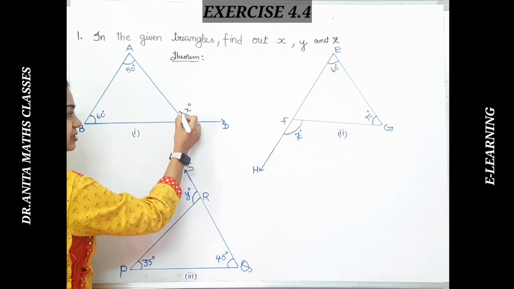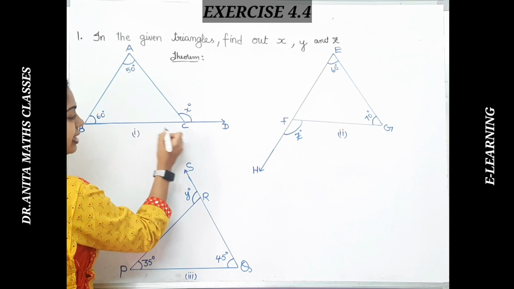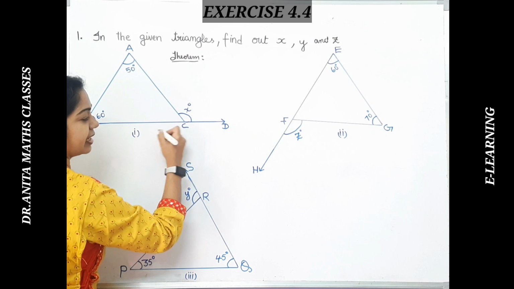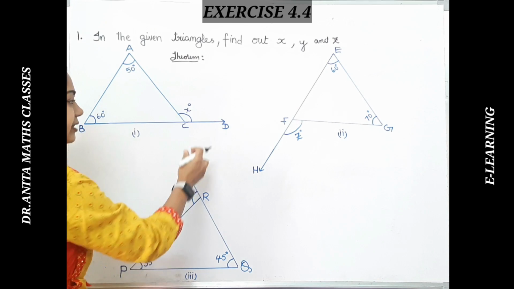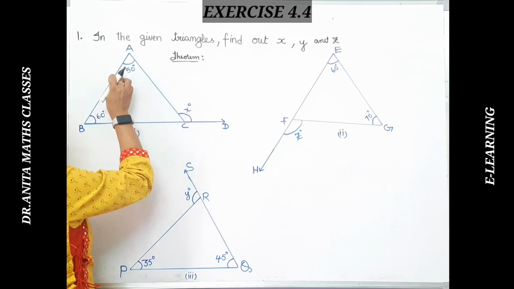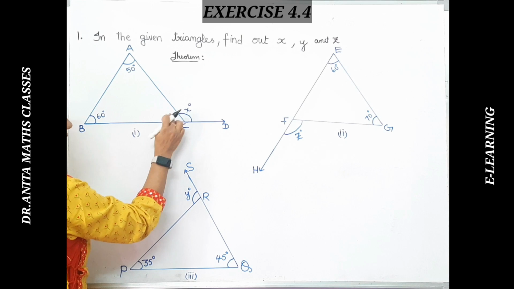Now, this is the exterior angle formed when side BC is extended. If this side is produced or extended, the exterior angle formed is x degrees. This exterior angle is equal to the sum of the 2 interior opposite angles. Here, this angle is not opposite, this is adjacent, right?